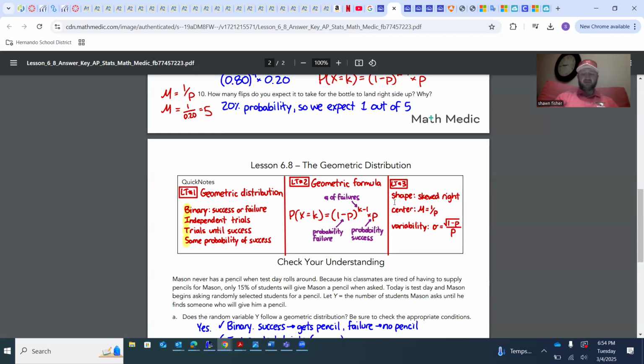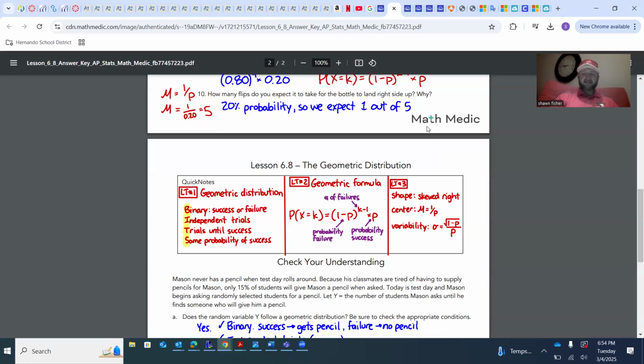The shape is skewed right. The mean or average expected value is found by this. It's given to you on your AP exam. And the standard deviation is given here: square root of 1 minus success, or failure, divided by the success again. And that's how we do it.